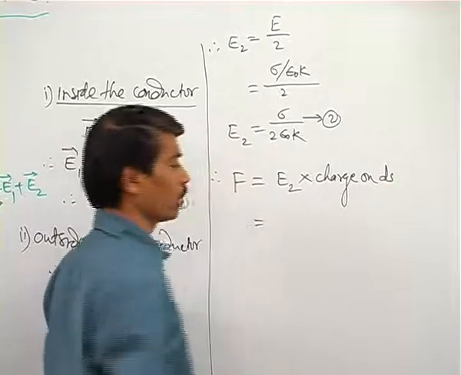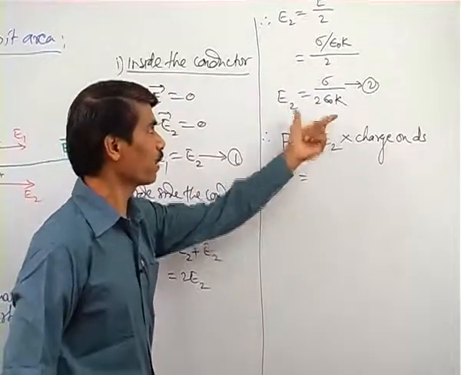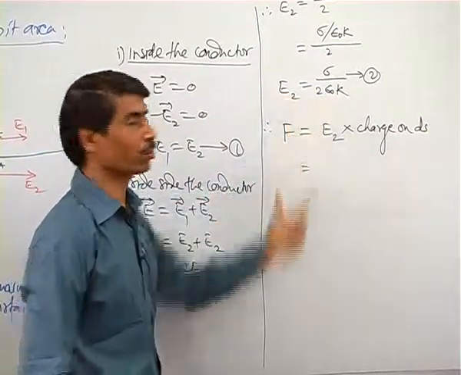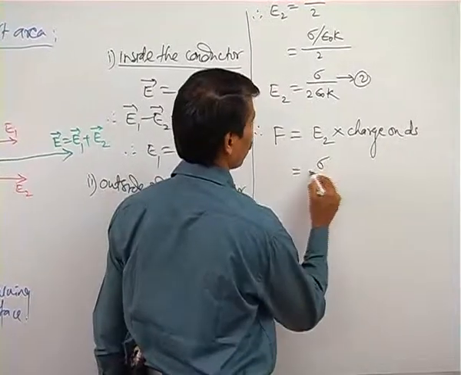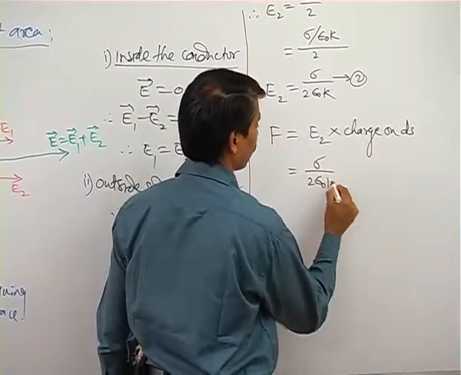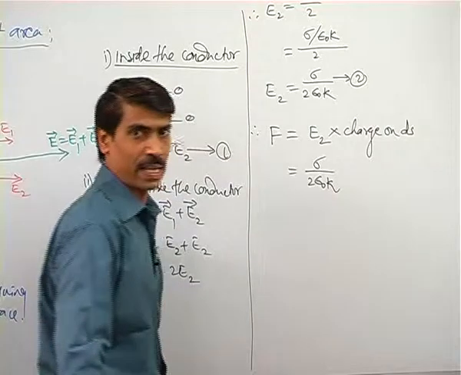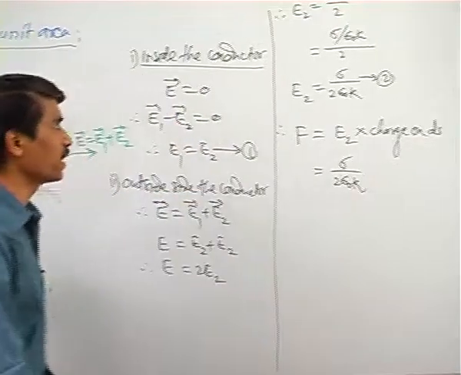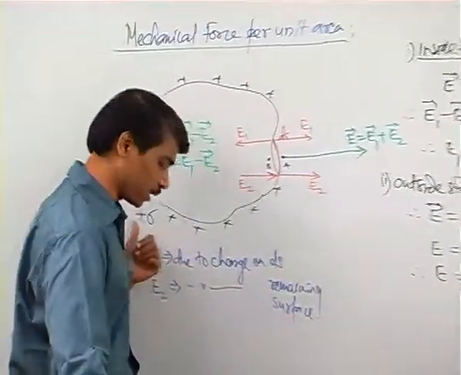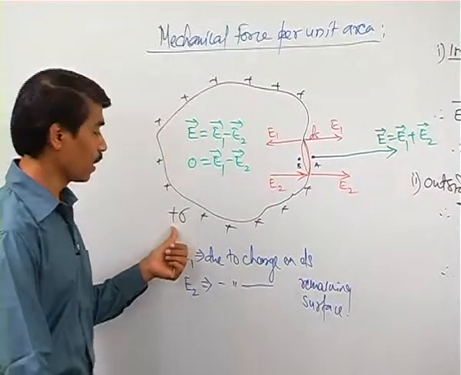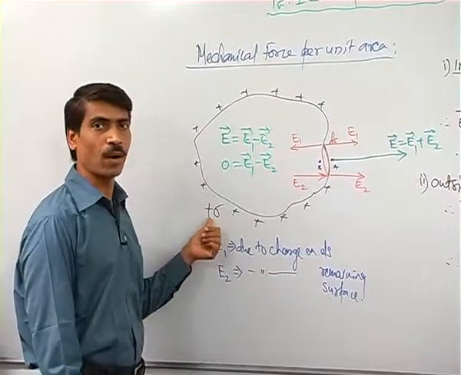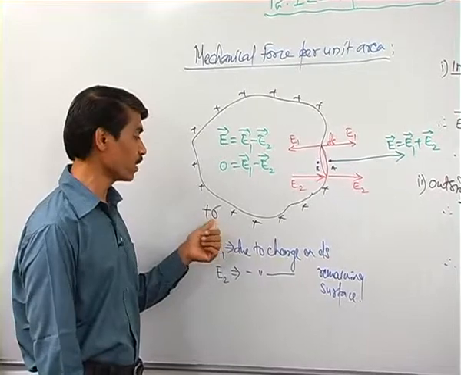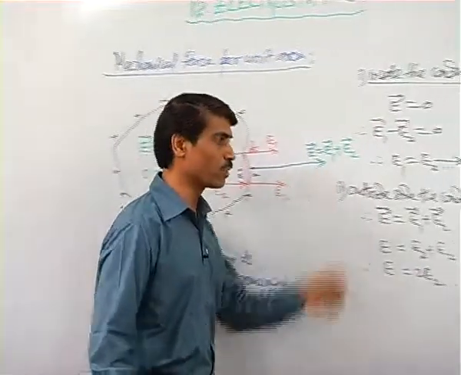So it is equal to intensity E2, which we take from equation number 2, that is sigma upon 2 epsilon naught k, and the charge on ds. We know that the surface charge density is sigma, and sigma is equal to q upon ds. Therefore q is equal to sigma ds. That value we substitute there.